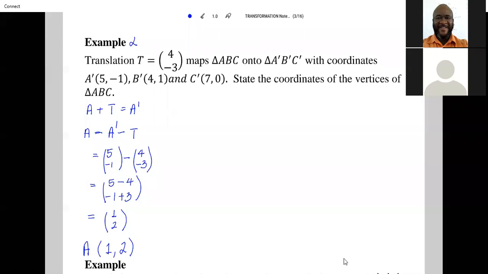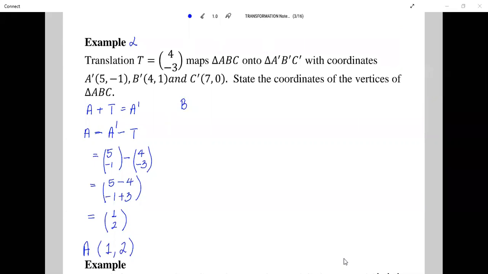All right, so what we just did for A, let's do the same thing for B and C. In the question, we're told that T took A, B, C to A prime, B prime, C prime.